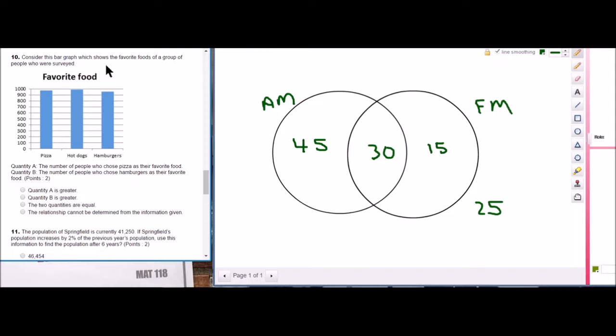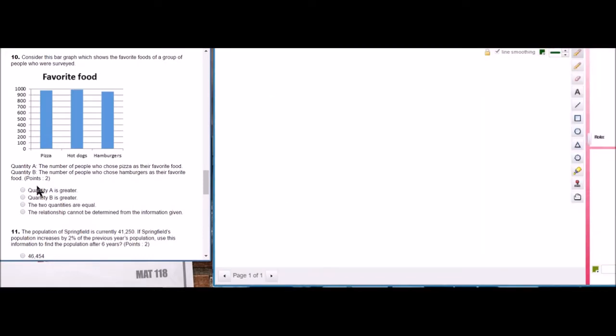Consider the bar chart which shows the favorite foods of a group of people who were surveyed. The number of people who choose pizza as the favorite food, the number of people who choose hamburgers as their favorite food. So we have pizza, we have hamburgers, and let's look a little more closely.